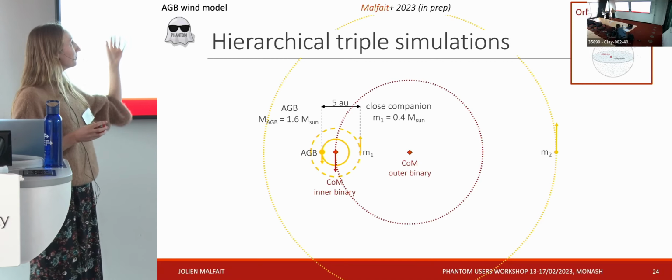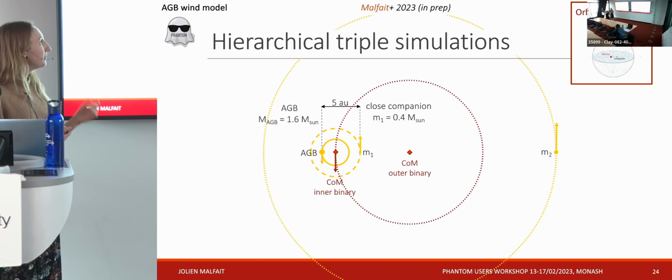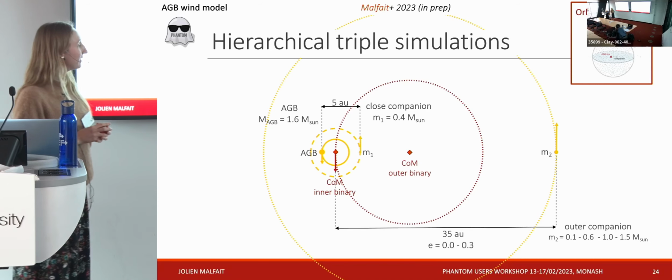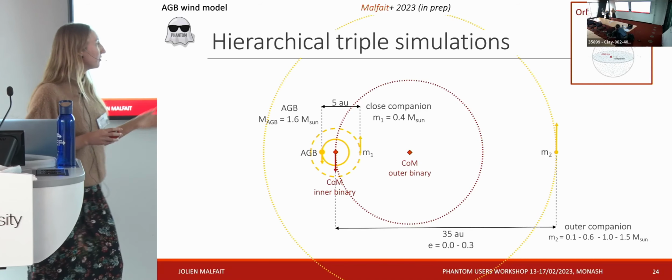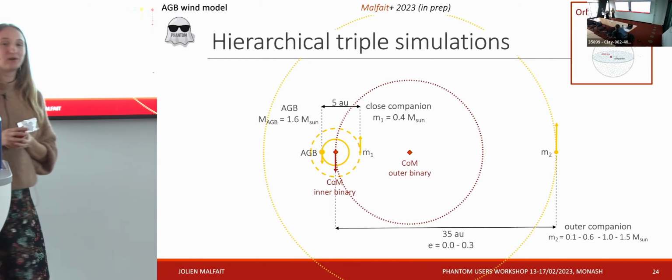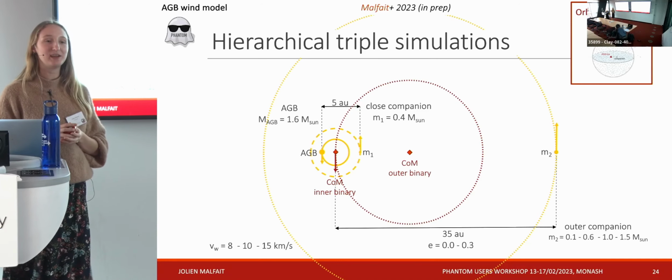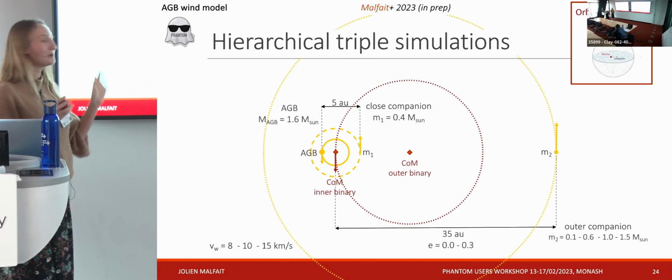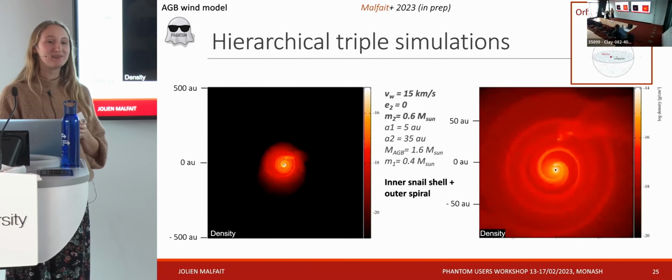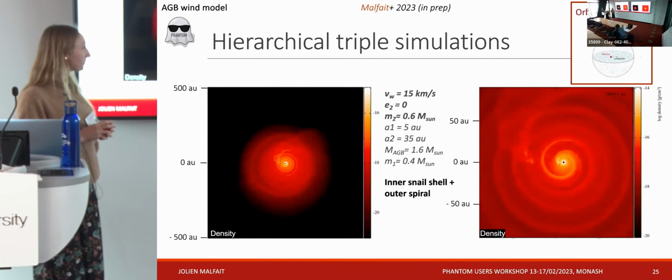So yeah, we have a 1.6 solar mass AGB star with a 0.4 solar mass companion at 5 AU. And then we vary the orbital eccentricity of these outer orbits and the mass of the outer companion and the wind velocity of the AGB star. But this is still work in progress. But I'm going to already show you some things so that you have an idea of what is happening.